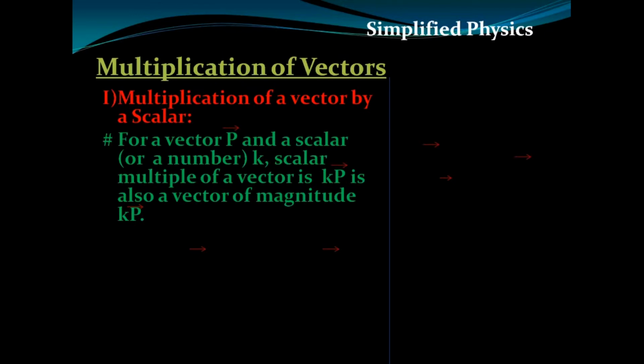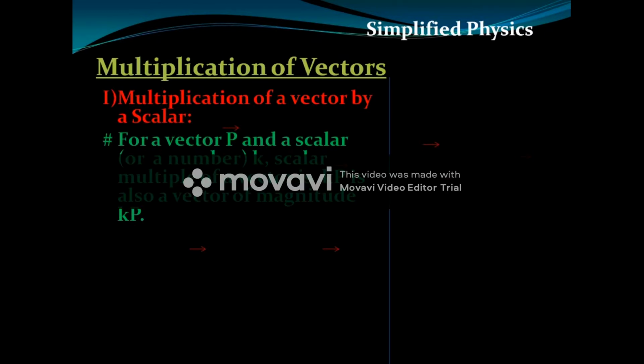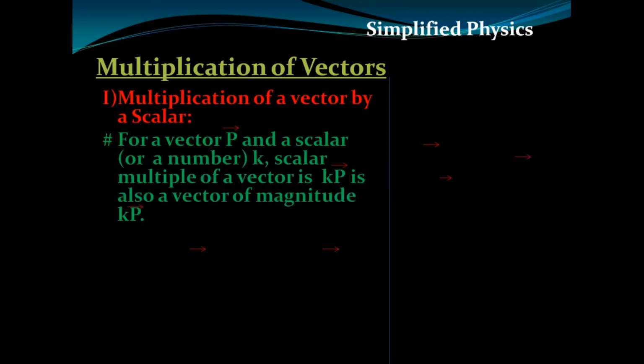That means if any vector is multiplied by a number, then we get a vector. Any physical quantity that is a scalar multiple of a vector is also a vector, and simply its magnitude is the scalar times the magnitude of the given vector.